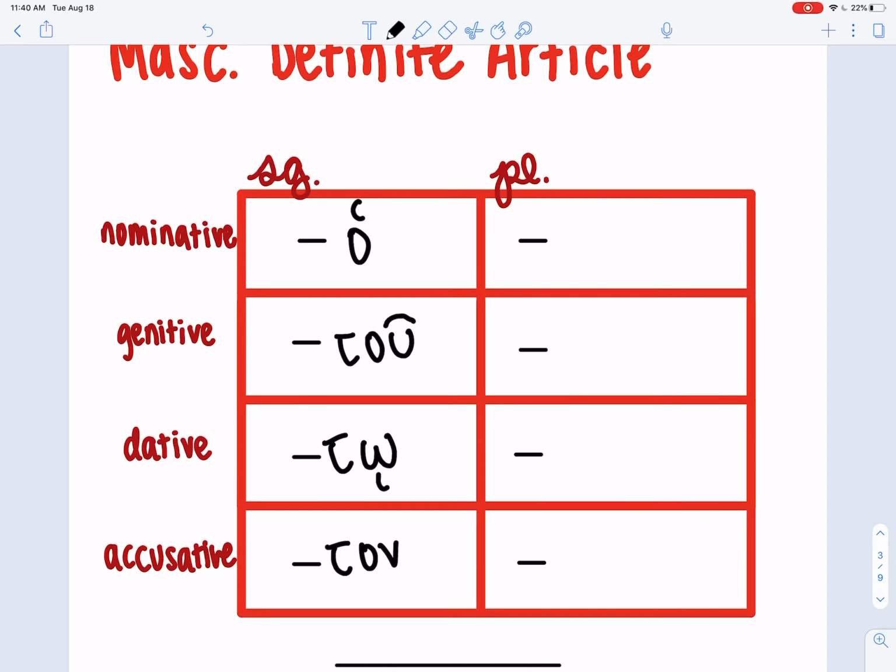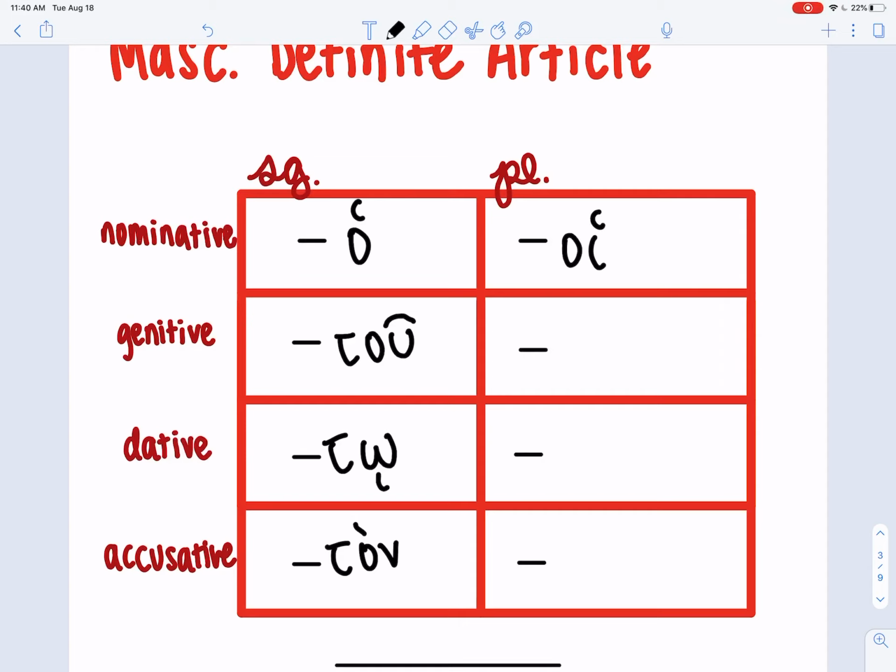And this has an acute, which flips and becomes a grave once you add a word after it. And because, remember, this is an article, we're going to have a word of some sort following this article. So we can just write it as a grave already. I'm fine with that.